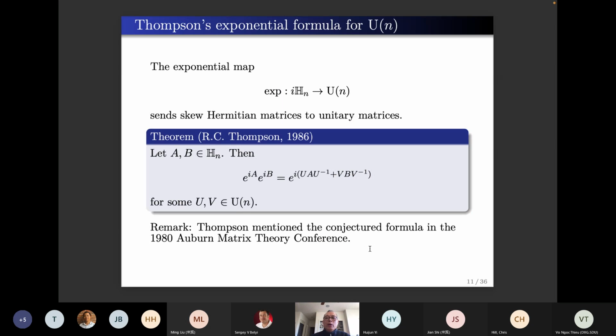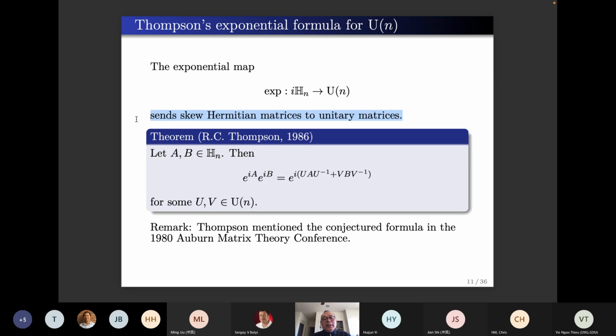So let's mention Thompson's work: Thompson's exponential formula for U_n. U_n is the unitary group. Now the exponential map here: we have the group U_n. This is the set of all skew-Hermitian matrices, because H_n is the set of all Hermitian matrices, and you multiply it by i, the purely imaginary number, square root of -1. This exponential map sends skew-Hermitian matrices to unitary matrices.